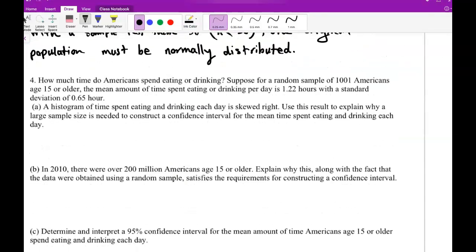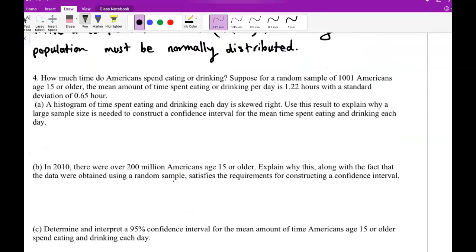Okay, now number 4, how much time do Americans spend eating or drinking? Suppose for a random sample of 1001, so n is 1001, mean amount of time spent eating or drinking per day is 1.22, and standard deviation is 0.65.